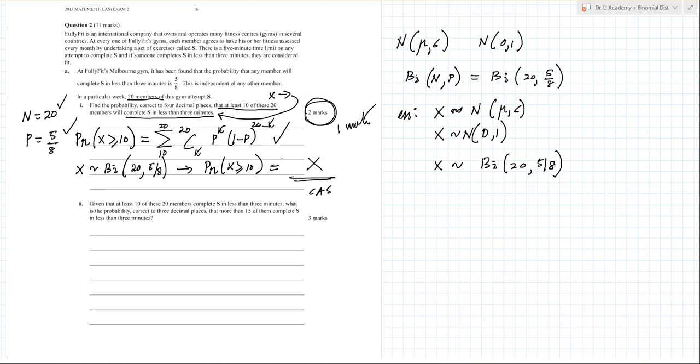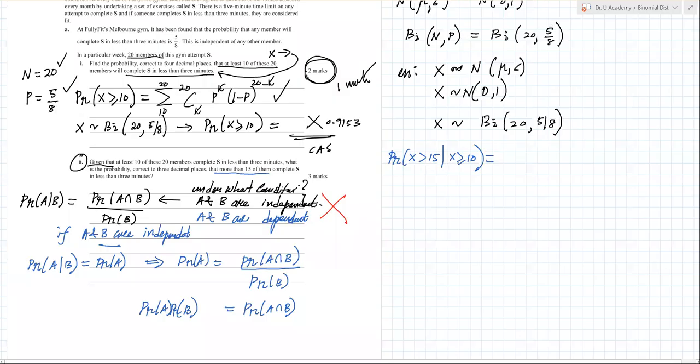All good. Now, this one and that one are dependent on each other. That's what the question is saying, given that. Dependent means you can use the black one.